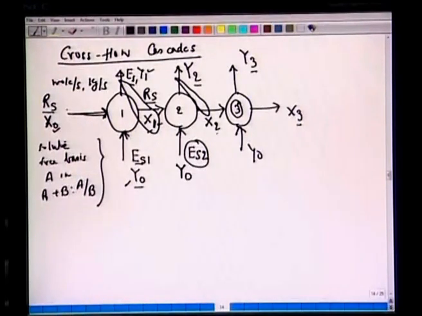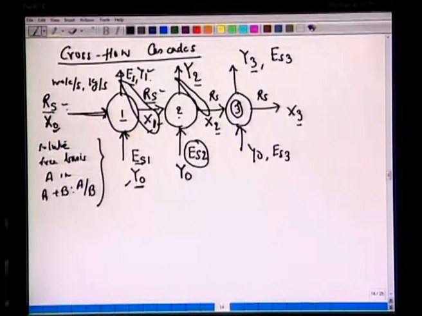So, we have y2 and x2 originating from stage 2, we have y1 and x1 originating from stage 1, and we have the fresh solvent, which is y0 and x0 compositions. And since we are working on a solid free basis, Rs will remain the same here. We have Es3, the flow rate entering the third stage, and here the flow rate will remain the same as Es3. Okay.